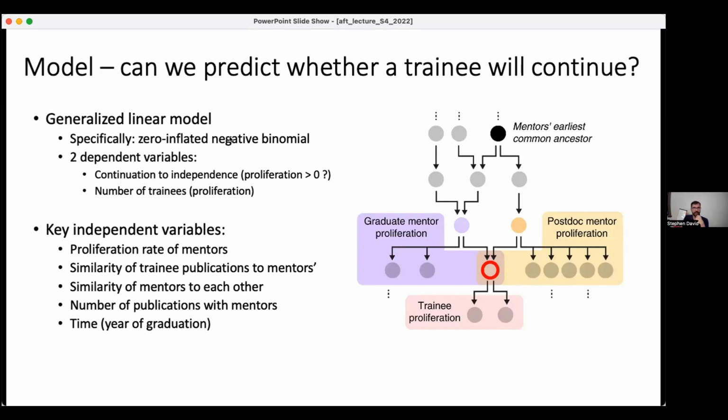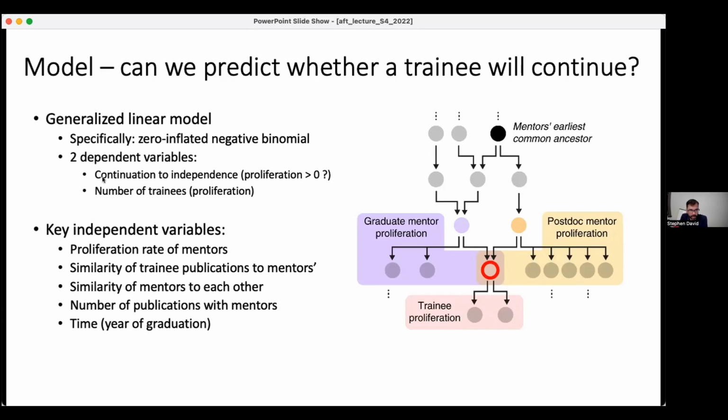So there's an initial binomial, which is whether the person continues or not, and then a second output, which is the number of trainees, or the proliferation rate, that the person goes on to train.